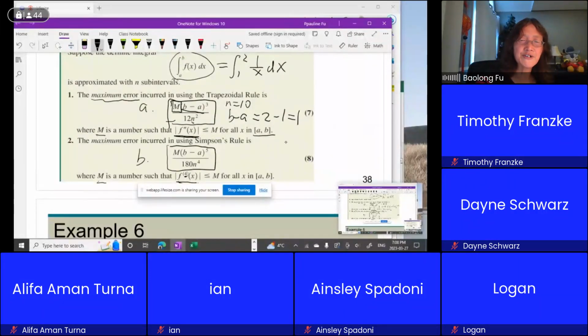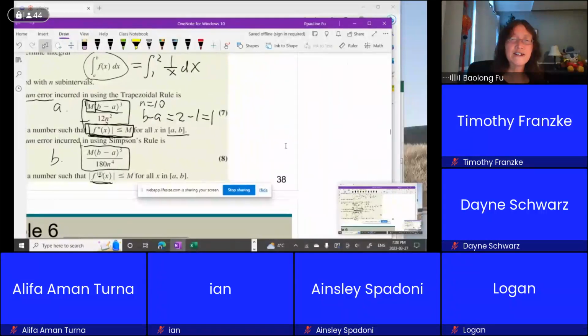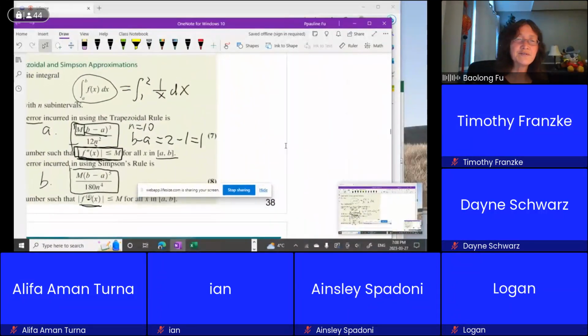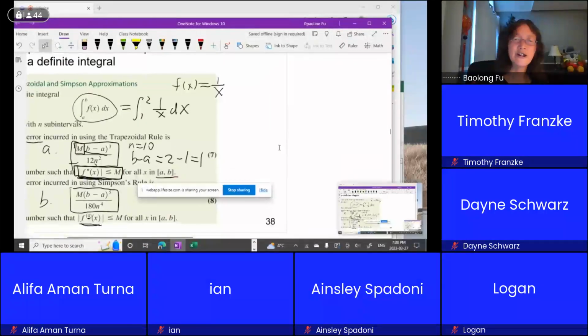M is a number such that the second derivative is smaller or equal to M. So we need to take the second derivative of f(x). Remember what is f(x)? f(x) is 1 over x. Let's do the second derivative.